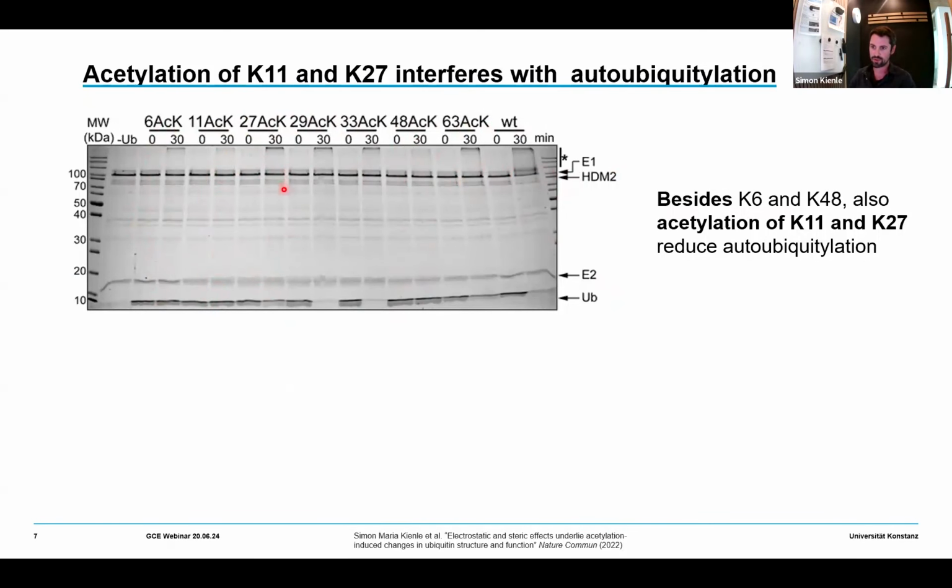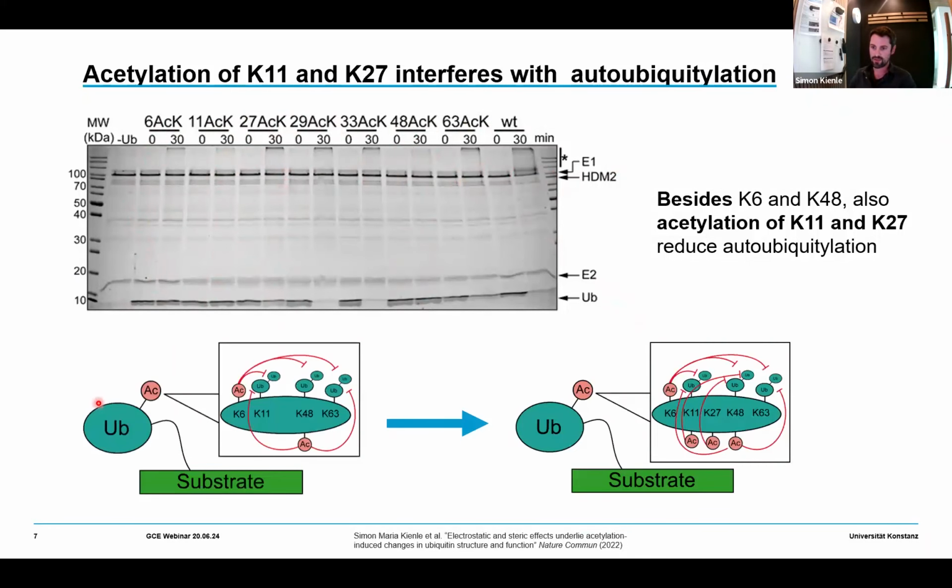So when we conclude this, we can expand the picture to a more complex picture where lysine 11 and 27 also contribute to inhibiting ubiquitin chain elongation.